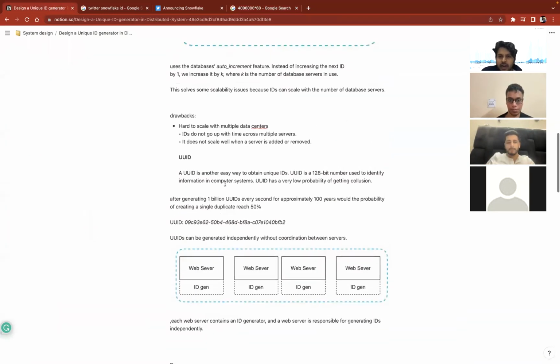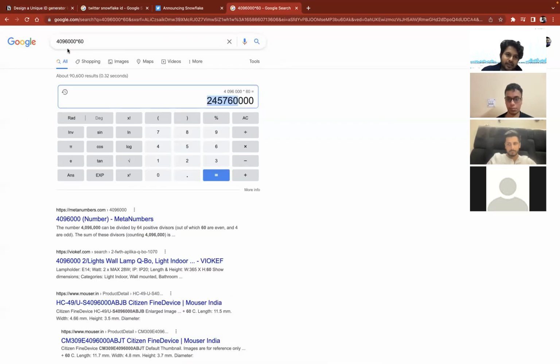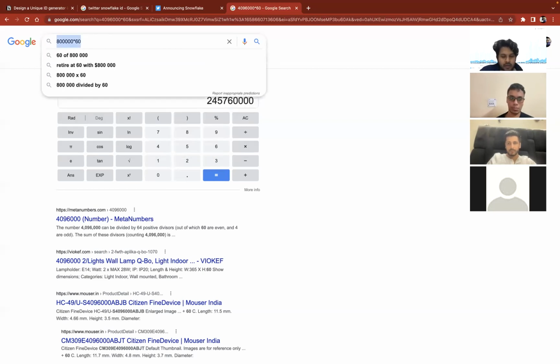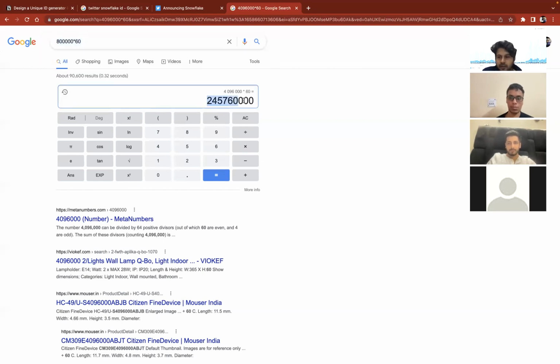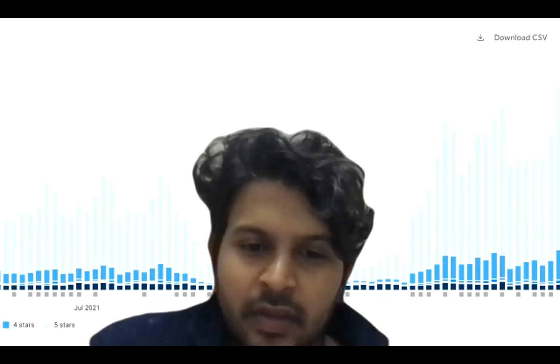For them it's just a matter of adding a bit at the last. Just by adding one bit, your combination will scale from 4096 to 8096, let's say a blanket 8000, into 2. It will simply scale to 48 crore. It's just insane.